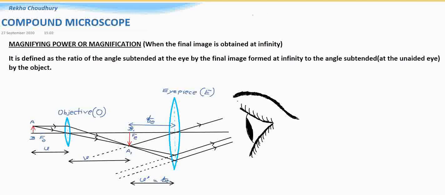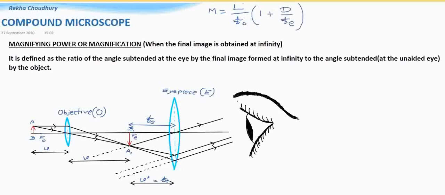In our last video, we derived the magnifying power of a compound microscope when the final image is formed at the least distance of distinct vision. The final expression, or the magnification formula, is m is equal to L divided by FO into 1 plus D divided by FE.